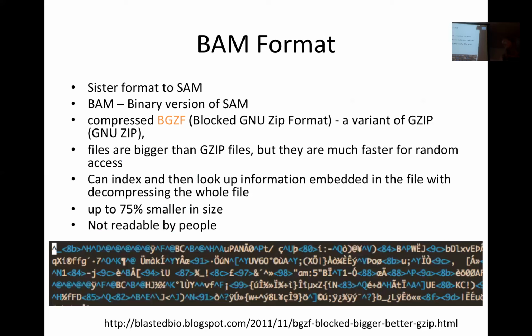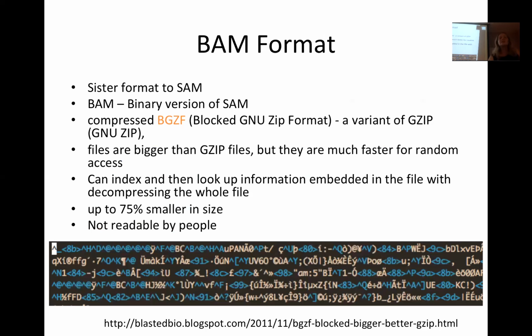It is not readable by people. If you do a head or a tail on one of those files, it's going to look like this. This is how you know you've got a binary file in your hand. So this is computer readable only. But there's a software, SAMtools, that's going to allow you to convert back and forth between human readable and machine readable. It's generally nice to store things in BAM format because they won't take up as much room on your file system, and you can always convert it back to human readable format if you need to.